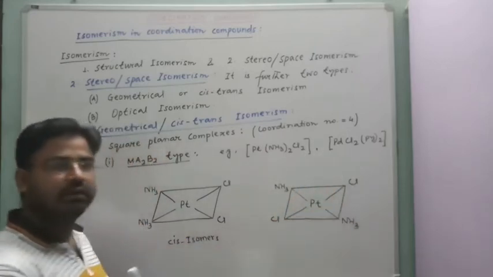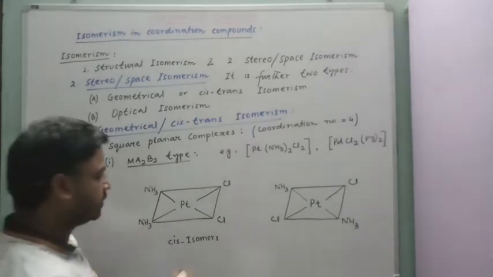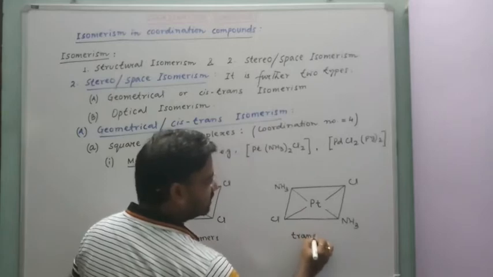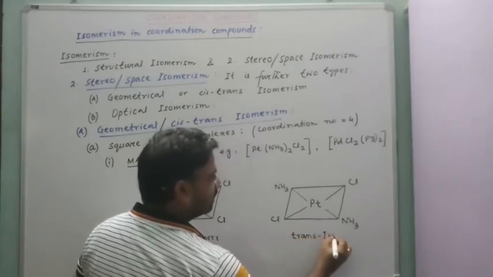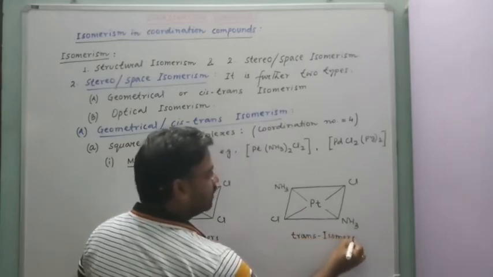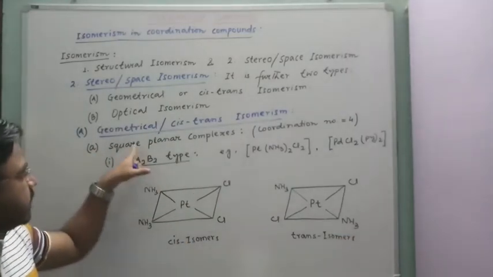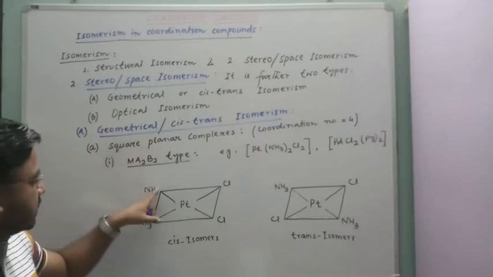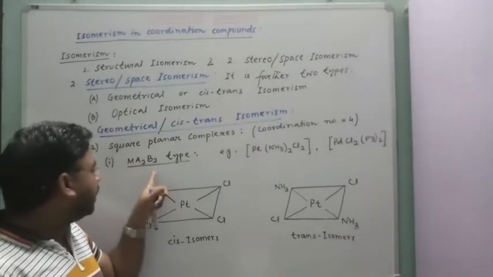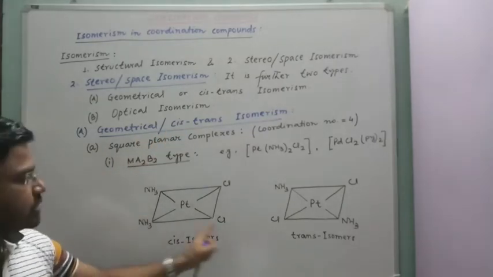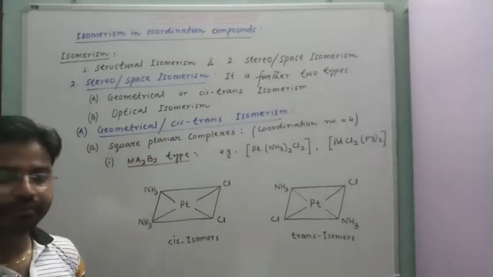Both the Cl ligands are in the opposite plane. Opposite plane में होने से these are trans isomers. So M(A2)B2 type compound, which are square planar compound because their coordination number is 4. So this type of compound gives geometrical isomers or cis trans isomers.